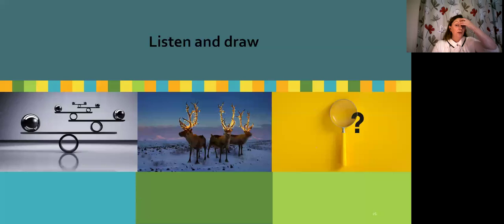And now we'll show you a few engaging and interesting activities I do with my students, where we practice listening, but it's really closely connected to speaking as well, because we cannot separate those two. Listen and draw. Before I go to the next slide, I will ask you if you have a notepad next to you, if you can listen to me and try to draw what I say.